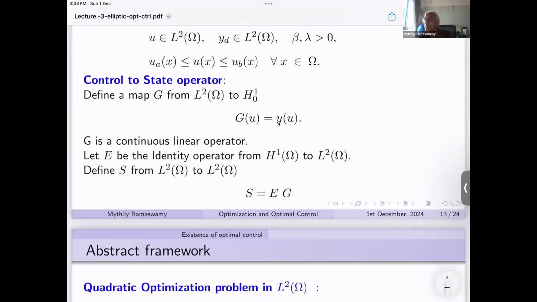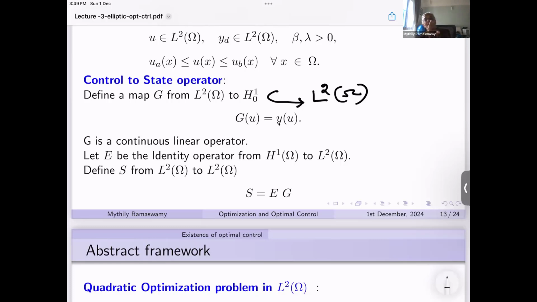But this is going from L2 to H1, and I have to bring it back to L2. H1 0 is embedded in L2 of omega, so I have to remember that. I can simply take E to be the identity operator from H1 0 to L2 of omega. If I combine all this, I get my solution operator, which goes from L2 to L2.